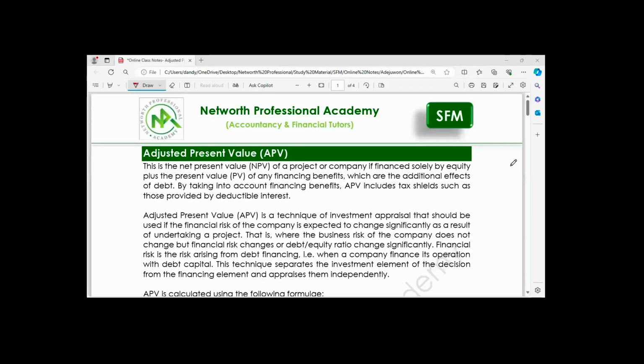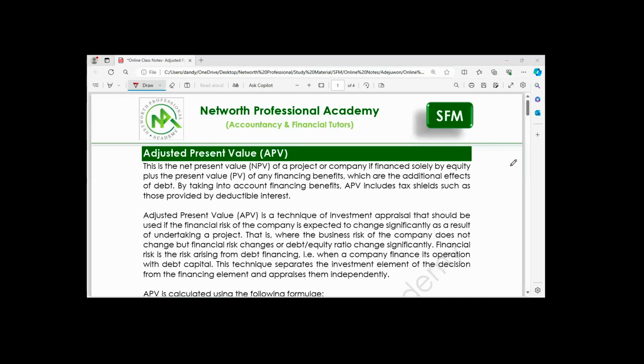So today we are going to be looking at adjusted present value, and APV is a very technical subtopic in strategic financial management, such that unlike net present value, that is one directional, APV is looking at two angles.